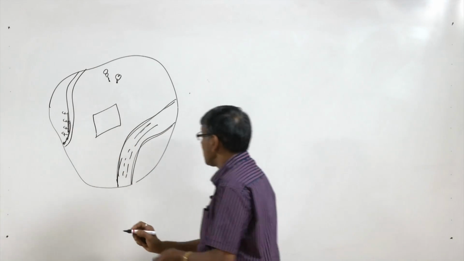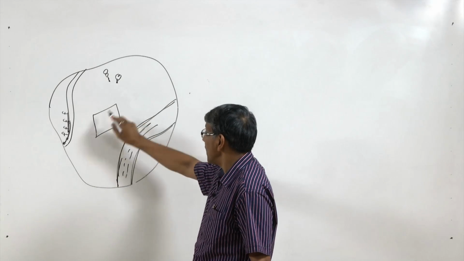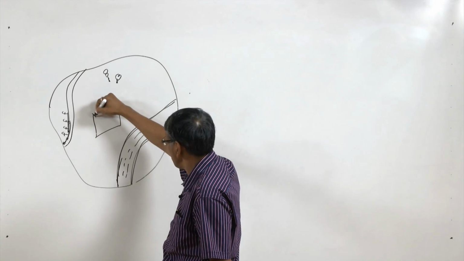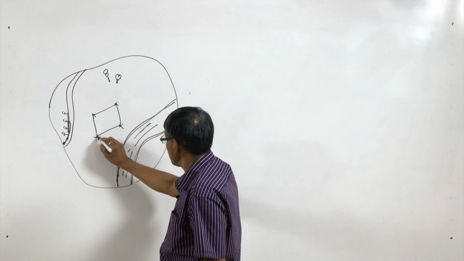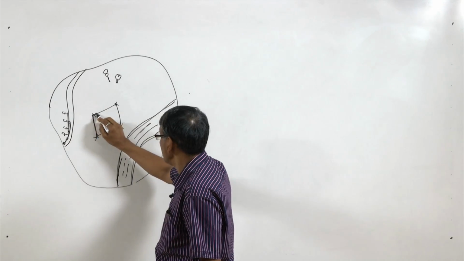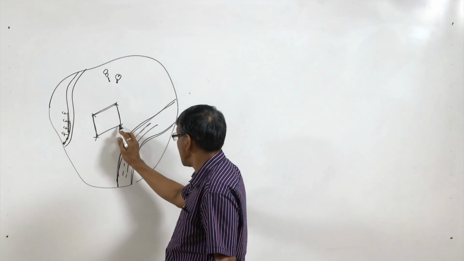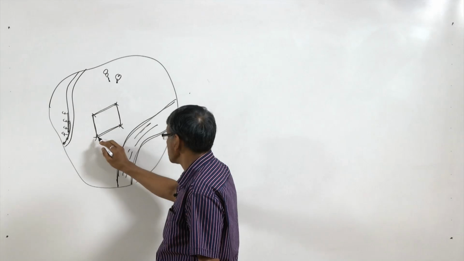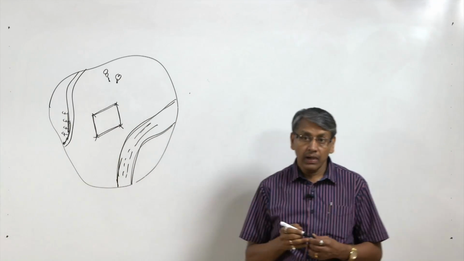Or if we want to plot this garden, simply we will identify the salient corners, and joining these corners we will get this side, this corner, this side, joining these 2 points we can get this side and like this side. And joining all these sides we can get the garden.